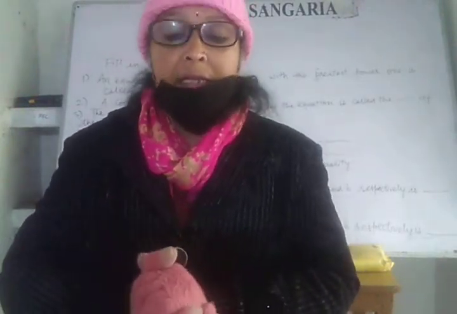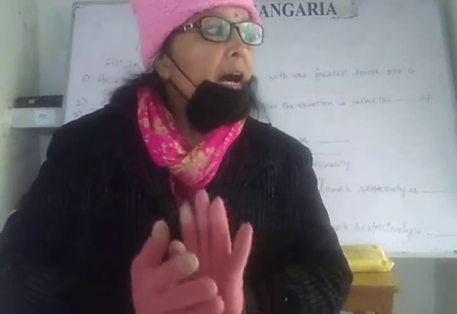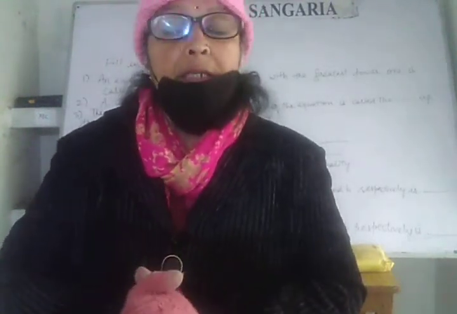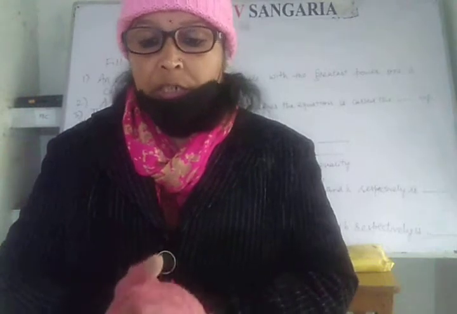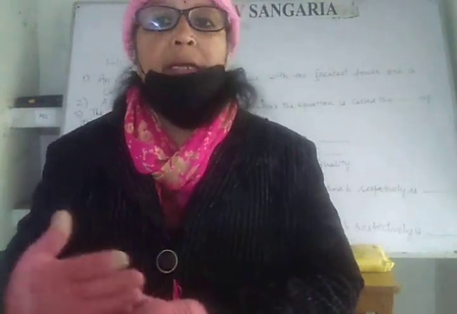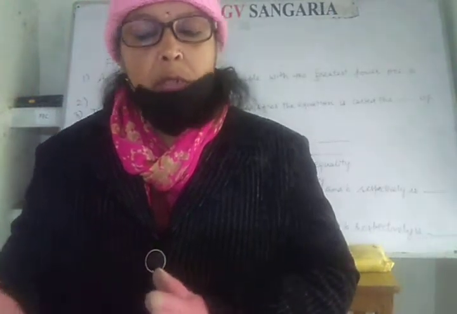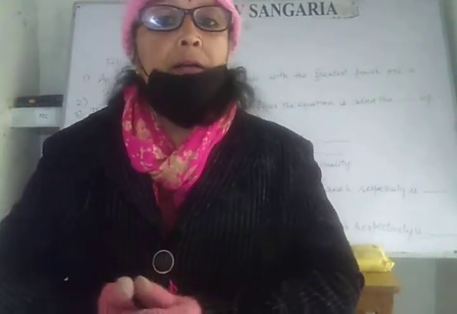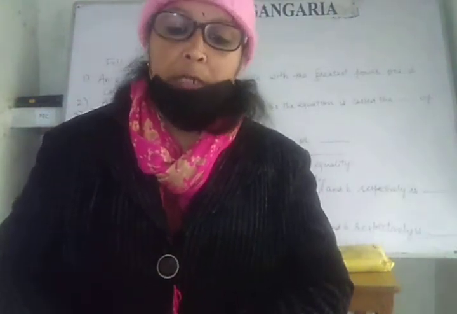What is algebra? It is a branch of mathematics in which letters are used to represent numbers. Generally, we use letters small a, small b, small c up to z. We can take variables in small letters.